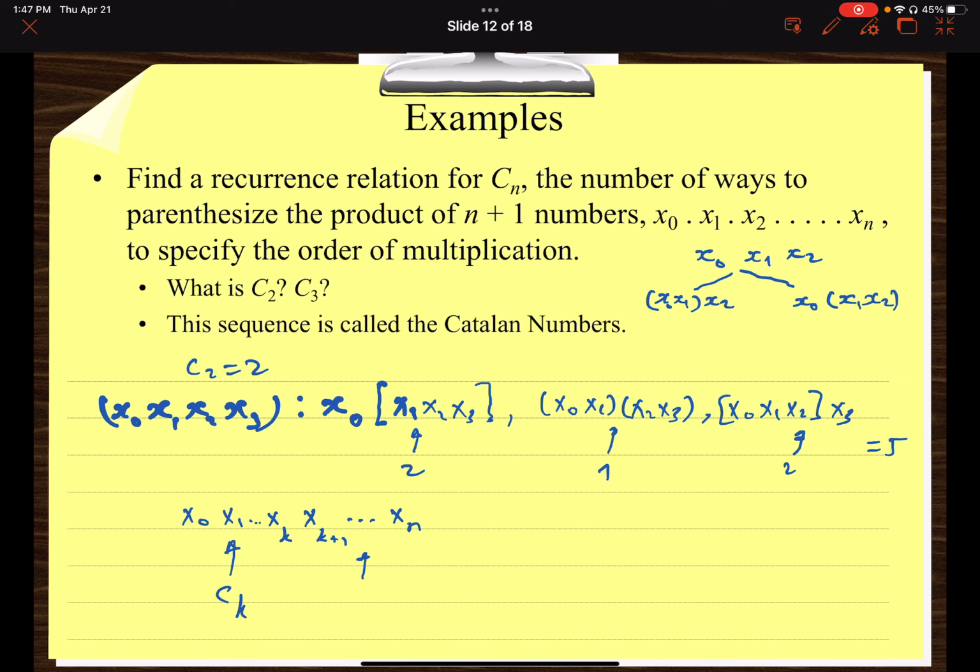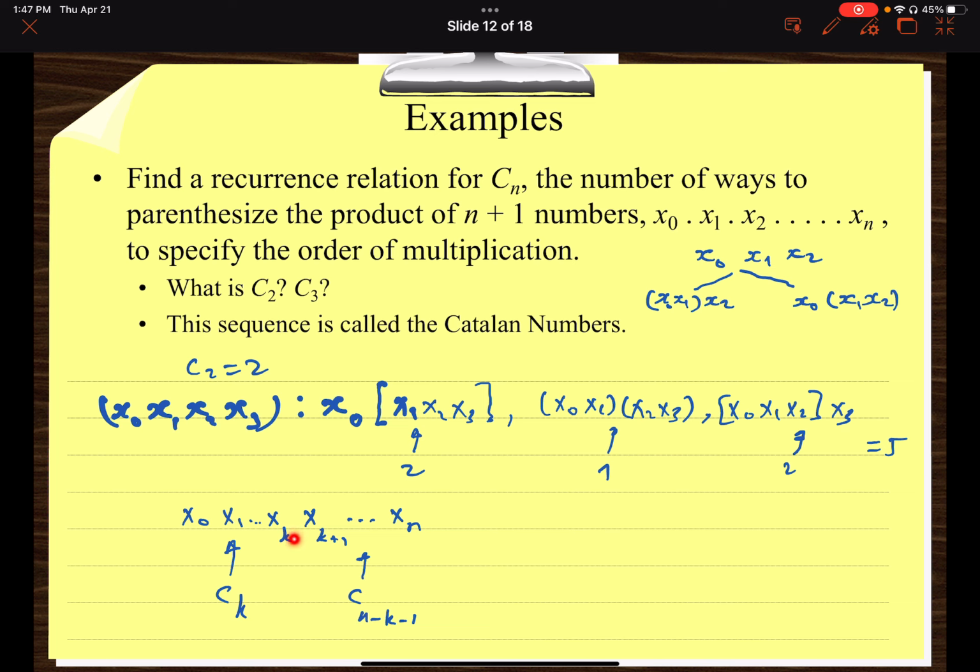So how many ways to parenthesize n minus k numbers? C of n minus k minus 1, because this index is less by 1 than the number of numbers. And this is only for one k.